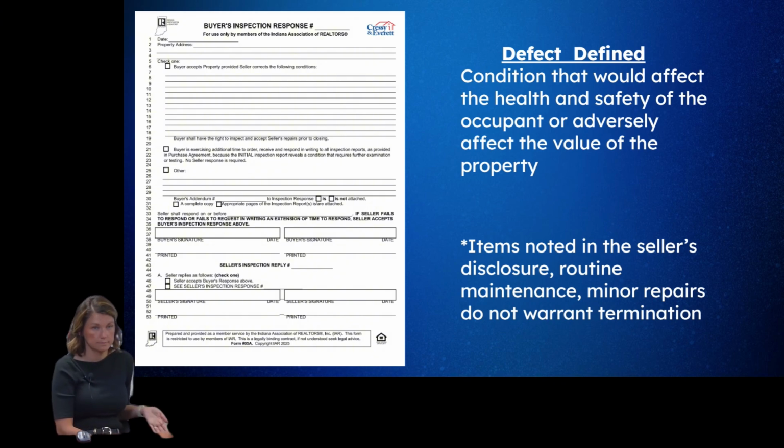You can, but they don't have to do it. They've already told you this. Routine maintenance comes up in these inspection responses too, like replacing furnace filters and batteries in smoke detectors. And minor repairs do not warrant termination with the buyer getting their earnest money back.